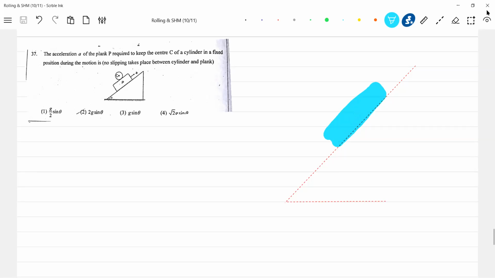I think it's there in most of the books. Yeah, this is the sphere.